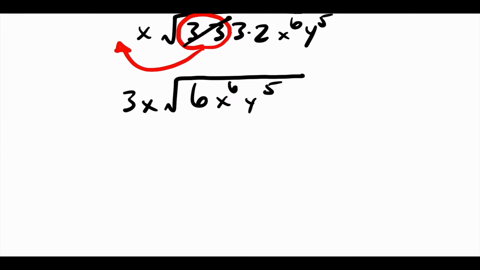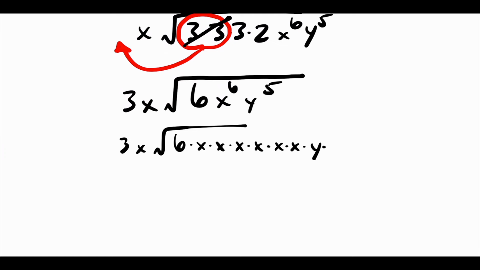So in other words, this is like this. 1, 2, 3, 4, 5, 6, and then 1, 2, 3, 4, 5. That's what that means, right? That's how to break down x's and y's. Letters. That's how to break down letters using multiplication. Well, guess what we're going to do with the letters?